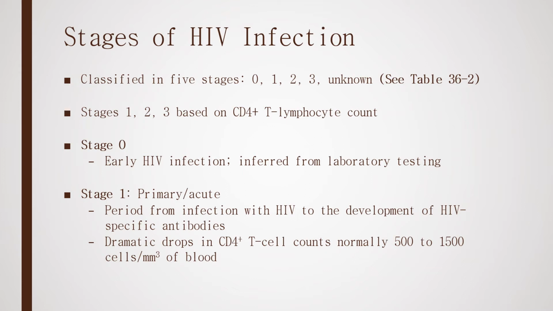These people who are infected and don't show the antibody are highly infectious because their viral loads are very high. About 40 to 80% of patients develop clinical symptoms and non-specific viral illnesses.